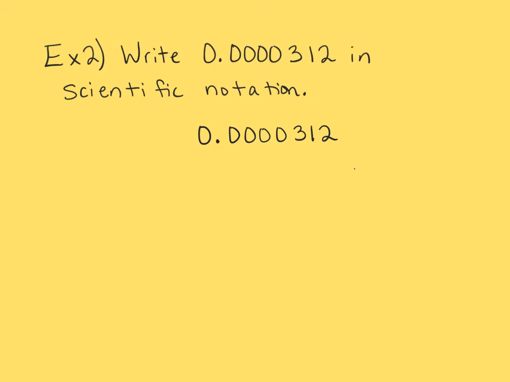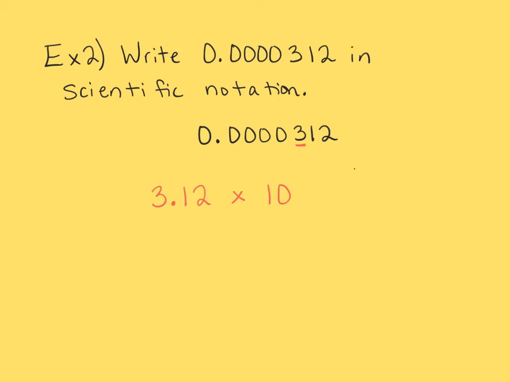So let's just start with picking out our first digit that's not a 0 from the left, and that would be this 3. And so I could go ahead and write 3 decimal and everything after it, 3.12, and that's my first factor, times some power of 10. I've got to think of what that exponent is.